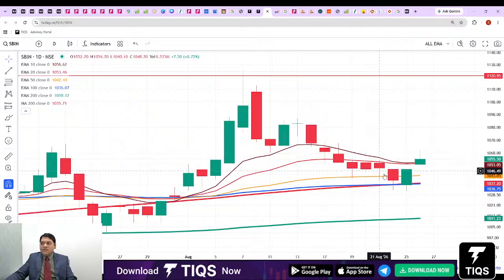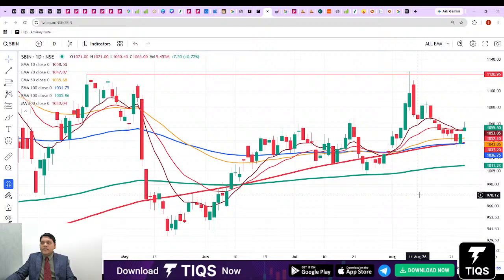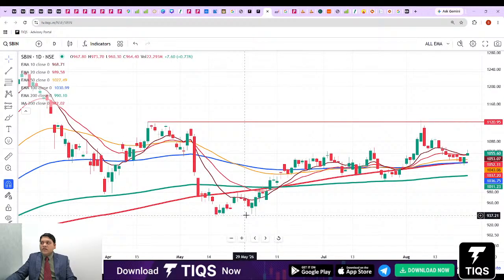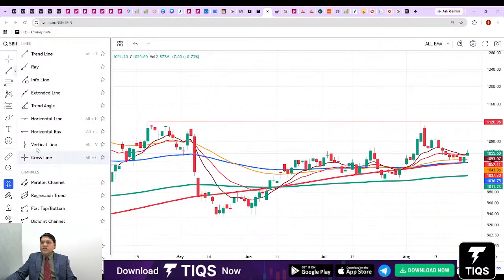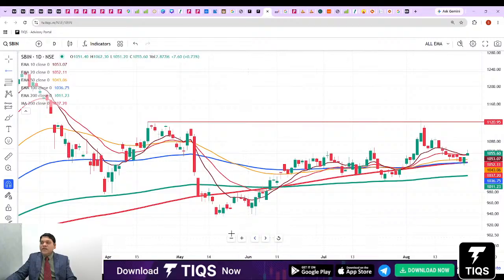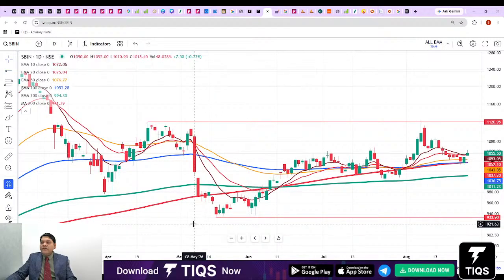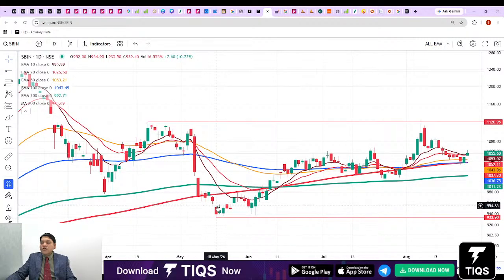So right now it is in a process to change the trend. The long-term trend has not yet changed from down to up. In a bigger structure, it is trading near these highs, 1121. So the structure of SBI is sideways from a long term to medium term point of view.